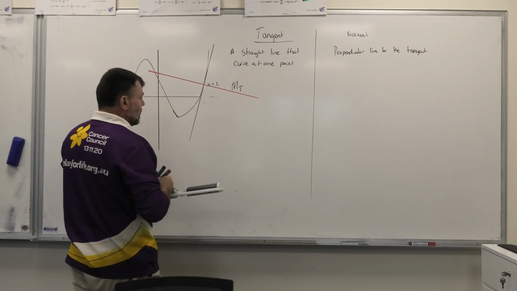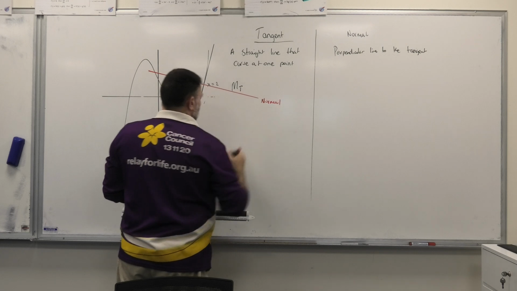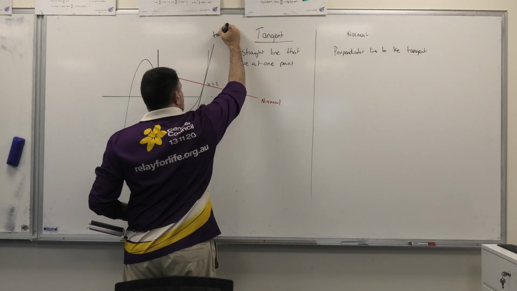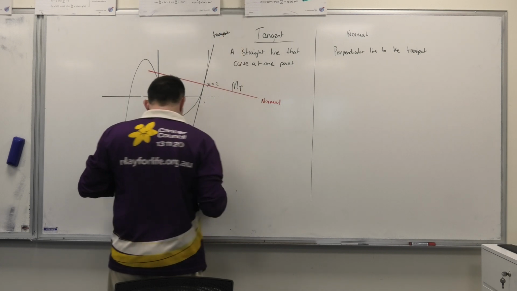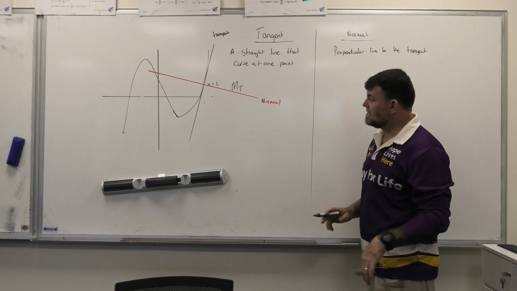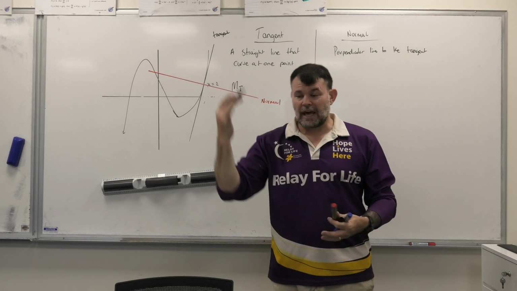So this red line here would be your normal, and this black line here is your tangent. The normal is always perpendicular to the tangent. Remember, perpendicular means at right angles.